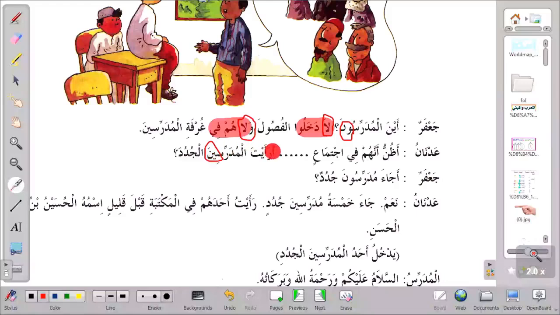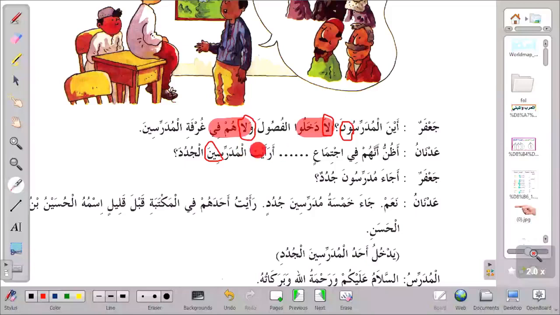But here, ara'ayta, so it is maf'ulun bihi. And we said that maf'ulun bihi is always mansub. So in this case, it is mansub with the ya. I hope that is clear. The same way if it is majrur. If I want to say ila al-mudarris, I will say ila al-mudarrisina.